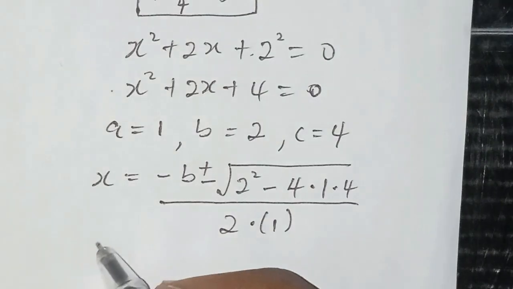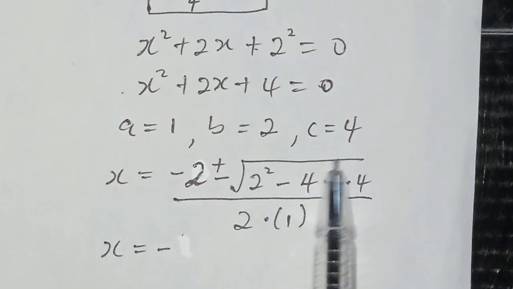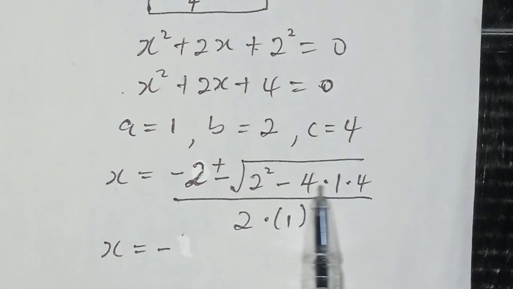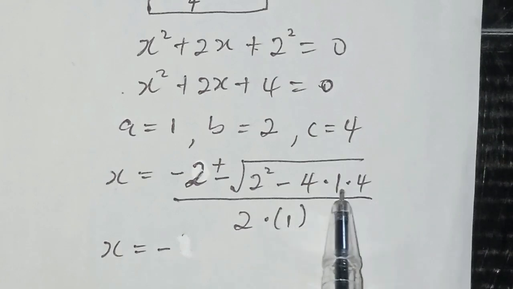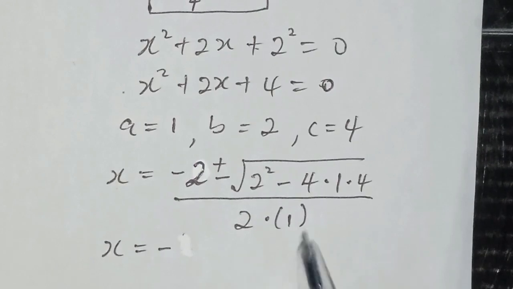So this can be simplified as x equal to minus 2 plus or minus square root of 2 squared minus 4 multiplied by 1 multiplied by 4 over 2 multiplied by 1.